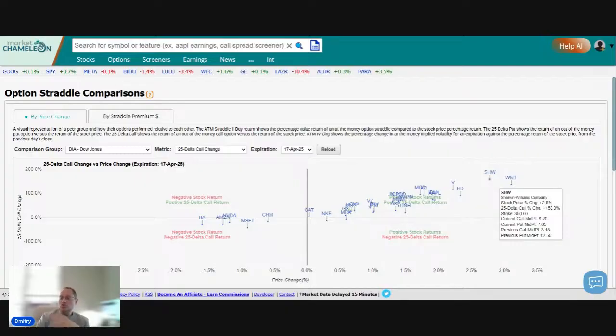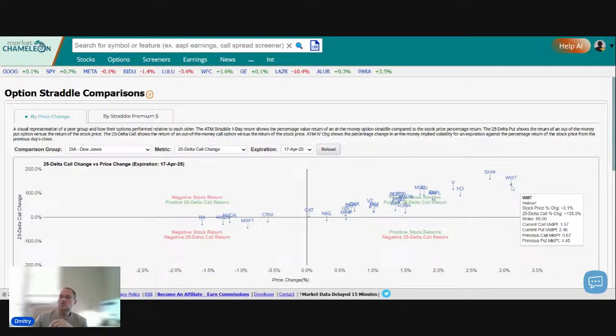The stock price was up 2.8%, but the call gained 158% return. So here we're referencing the 350 strike. The call midpoint is $8.20. The previous day, it was $3.18. So you could see that that call had a significant gain, 158%.